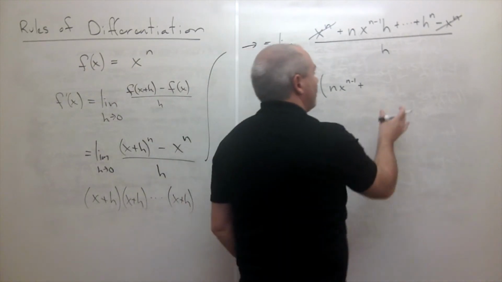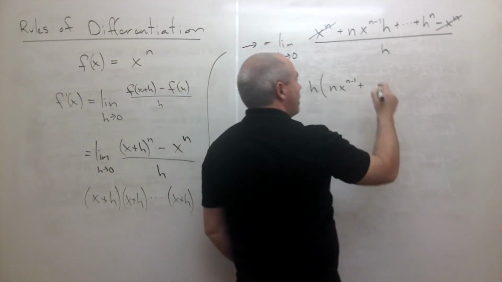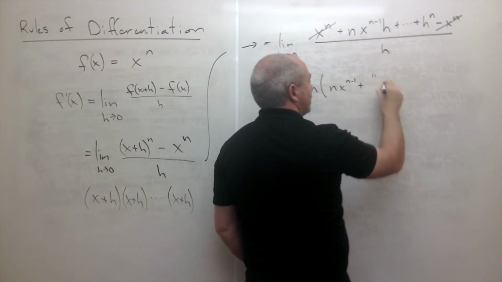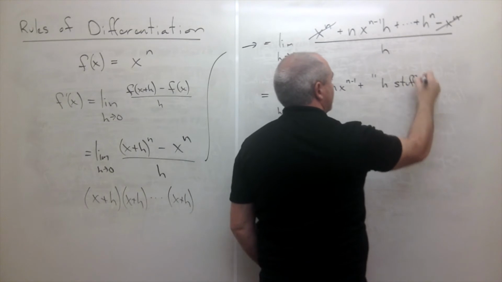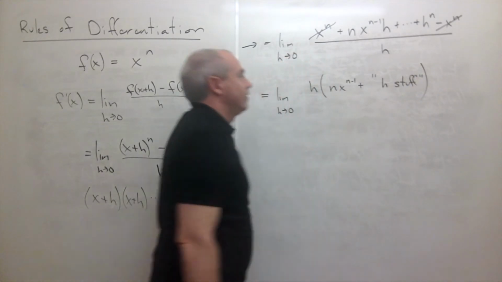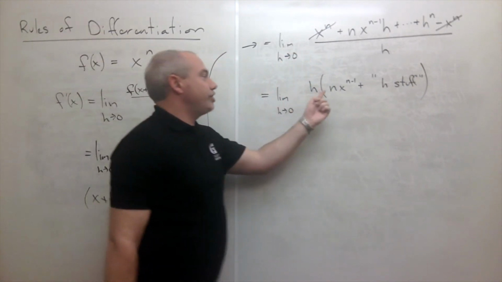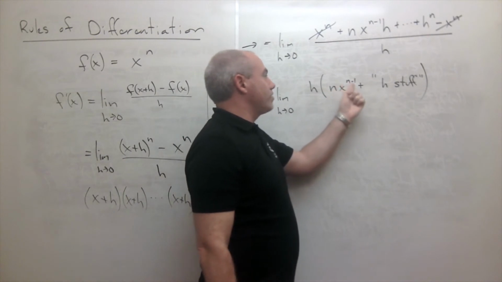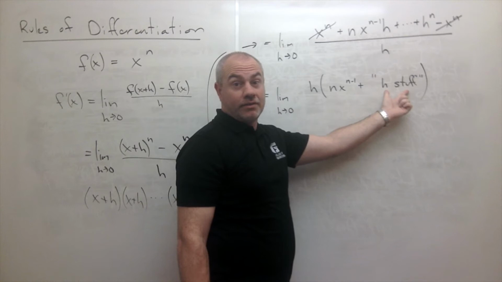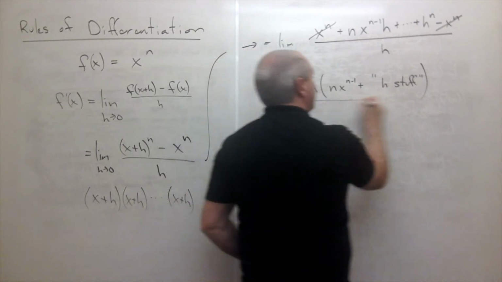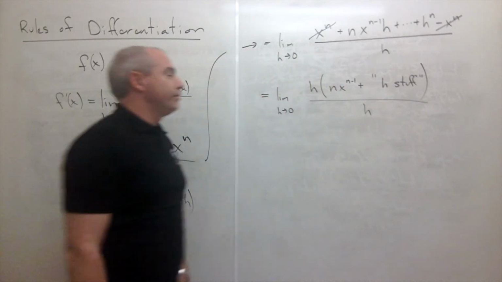So I'm going to be very non-mathematical here and say that this is the h stuff. So it's h times n x to the n minus 1 plus a bunch of stuff that has an h in it, all divided by an h.